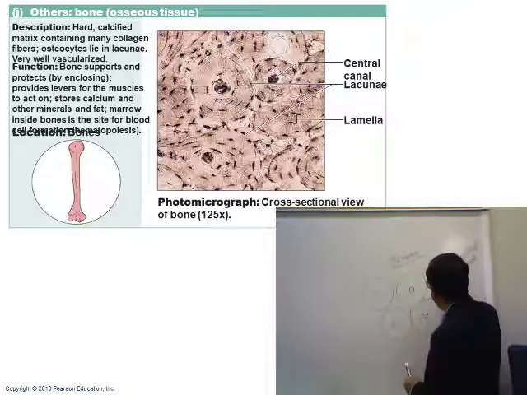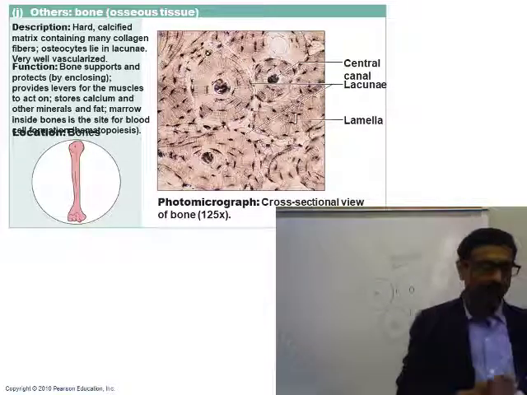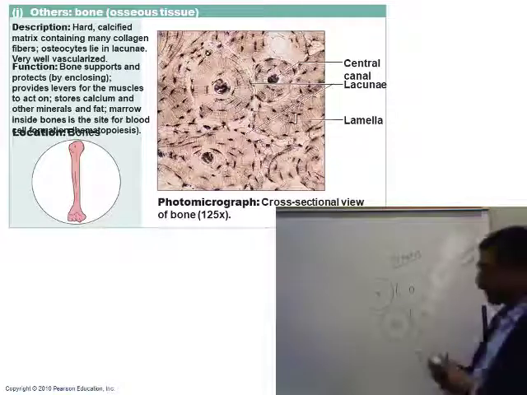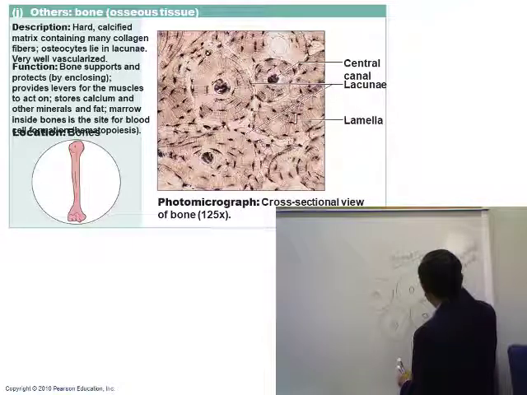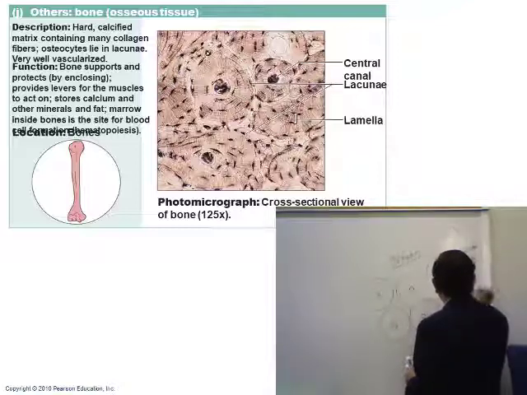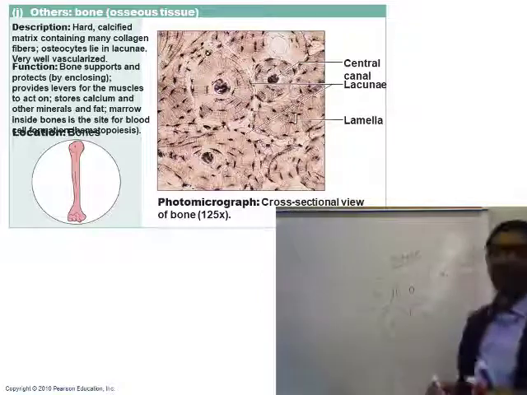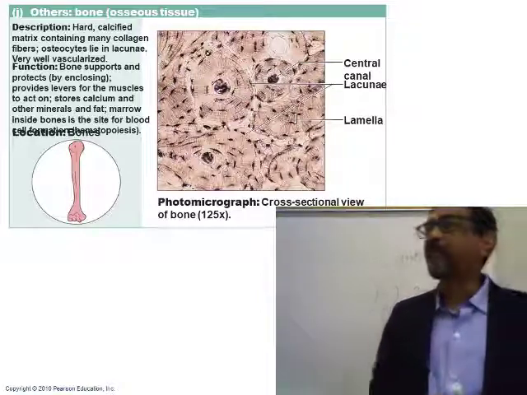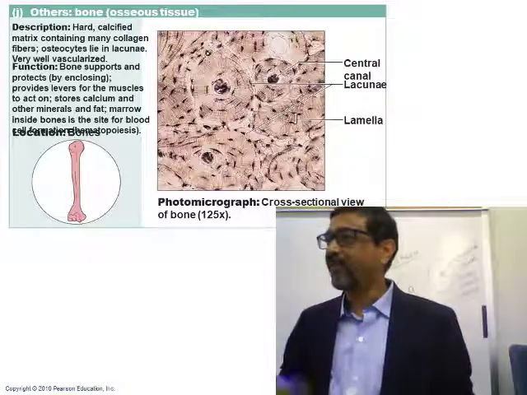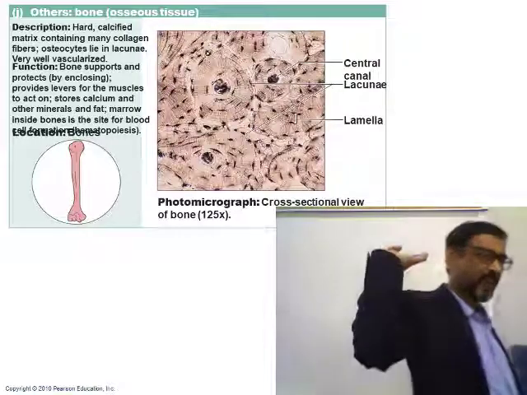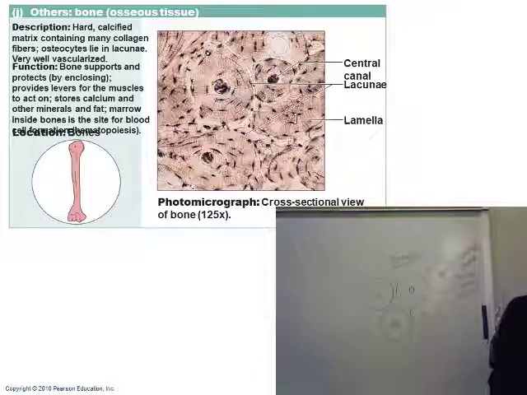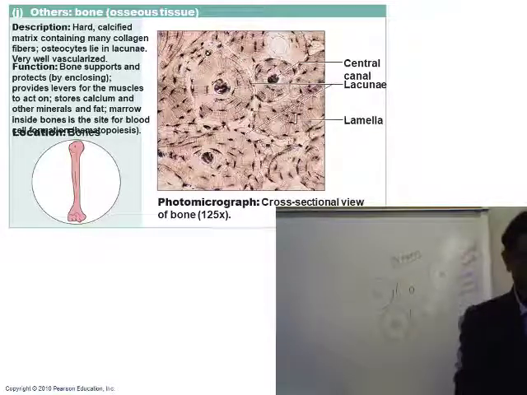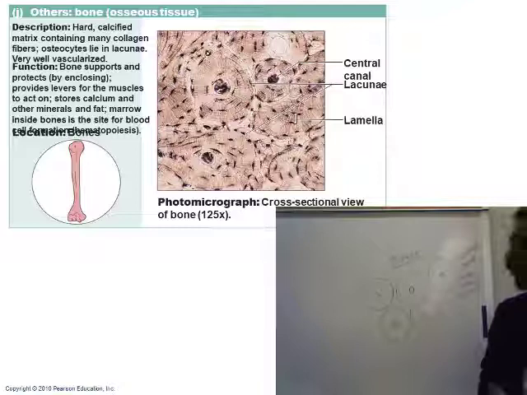So artery, vein, nerves, those are present inside the central canal. We know that bones are vascular. Bones have blood vessels as well as nerves. So that's how the blood vessels and nerves are located inside the osteon.